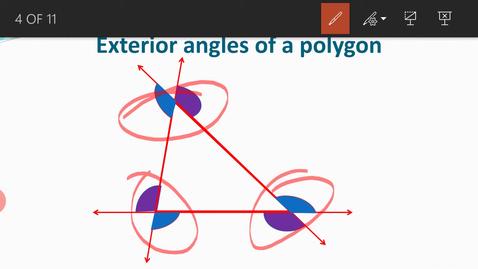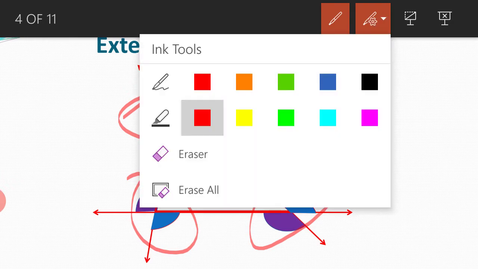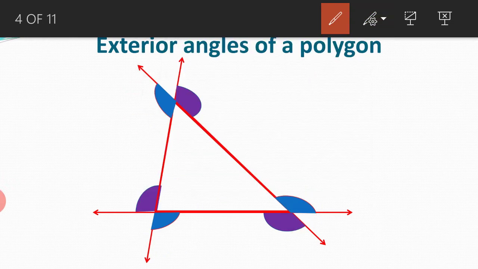No, there are 3 exterior angles which can be drawn in how many different ways? 2 different ways. You have to follow the direction. Either you can have the blue ones or you can have the purple ones. So how many exterior angles are there? 3 exterior angles for a triangle. But in how many ways can you draw? You can draw it in 2 ways.